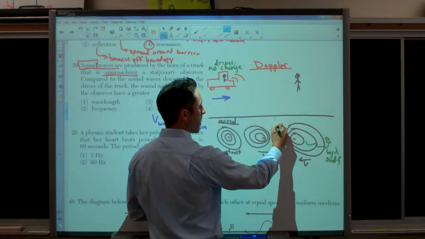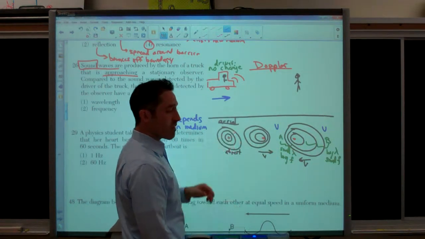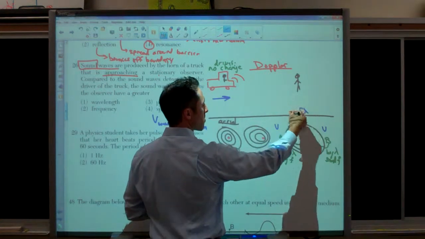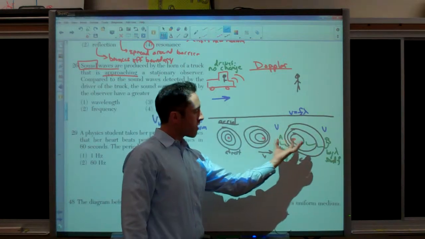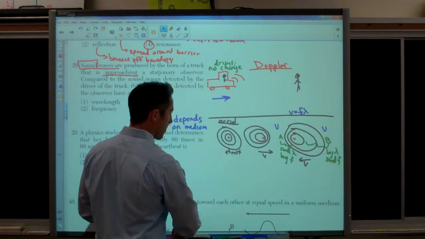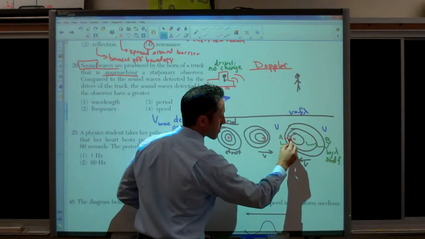The speed at A is the same as the speed at B. And so the speed equation, which is V equals F lambda, actually tells us why this happens. You can see the wavelength has shrunk. The wavelength is this distance from crest to crest, from crest to crest.